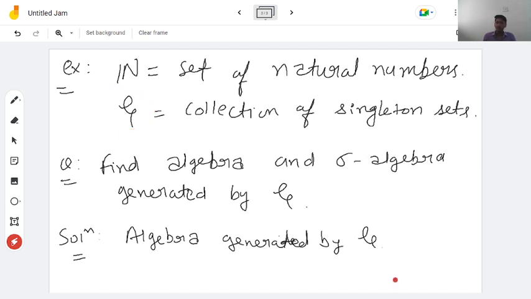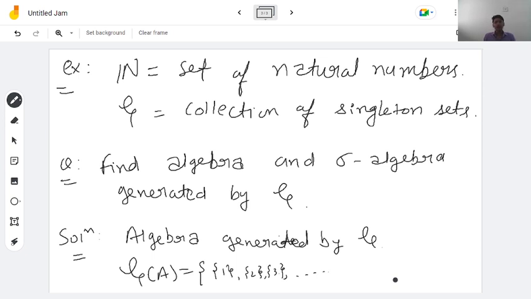Okay, so we have some elements. What are those elements? If I call the algebra generated by C as C of A, then what are some elements there? C is already there. That means the singleton sets are already there, like {1}, {2}, {3}, and so on. So all the singletons are there.